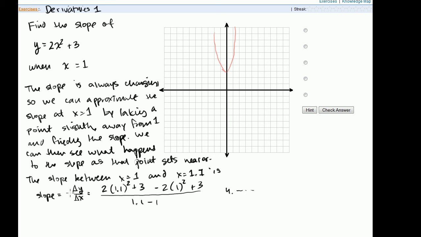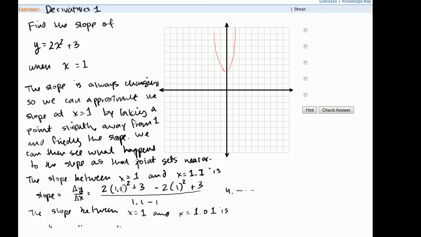And then if they click hint again, the slope between, and actually for this first derivative module, we always want the slope to be an integer. It just keeps things clean, and it makes it easy to find the limits. The slope between x is equal to 1 and x is equal to 1.01 is, and then you write this whole same thing over again.